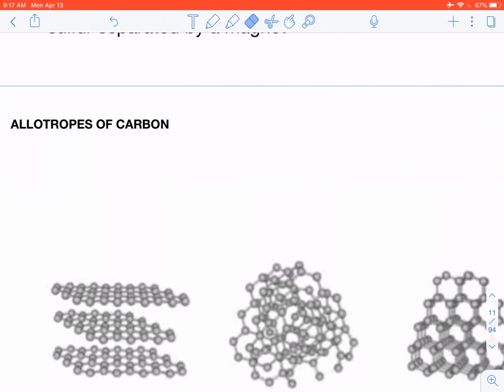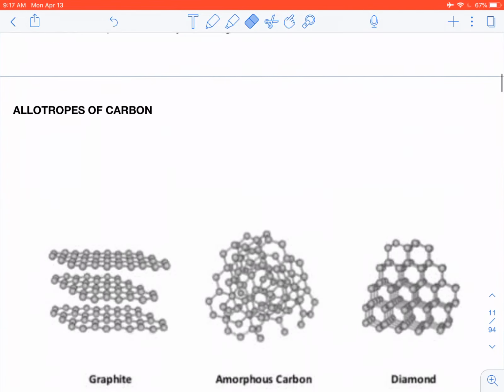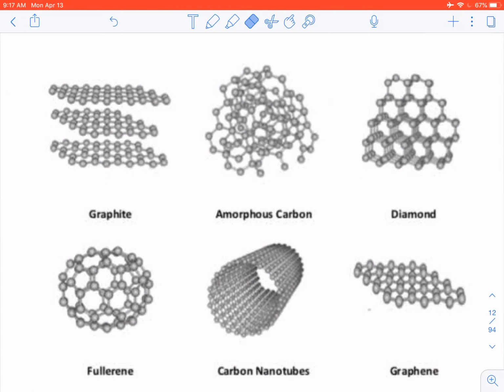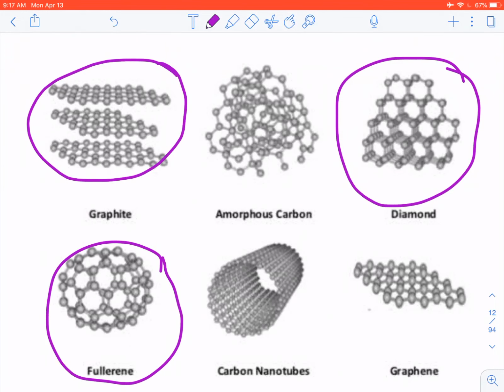Let's look at now the allotropes of carbon. Here we have carbon, and these are the different allotropes of carbon. We did graphite and diamond, right? We also have fullerenes, right?